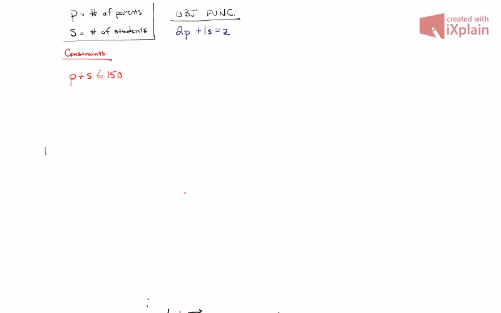I can create a ratio of students to parents. In other words, I'm going to create a ratio of S over P. And I want this ratio to be at least one student per two parents.